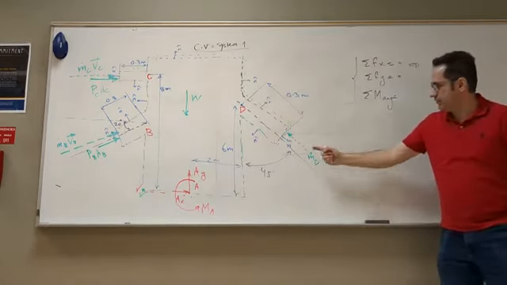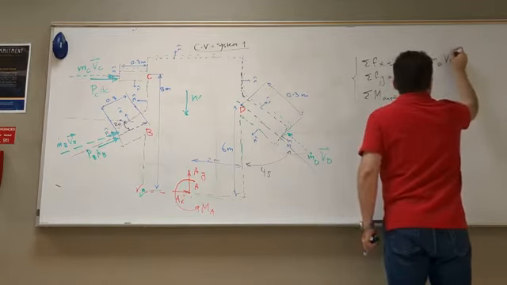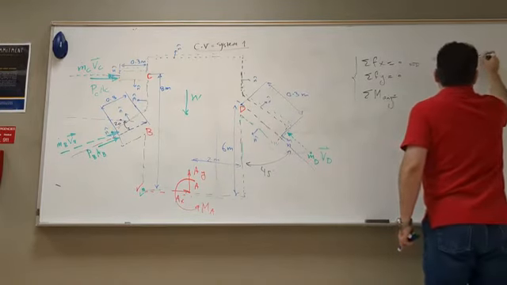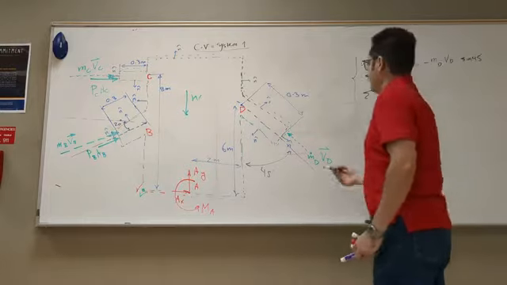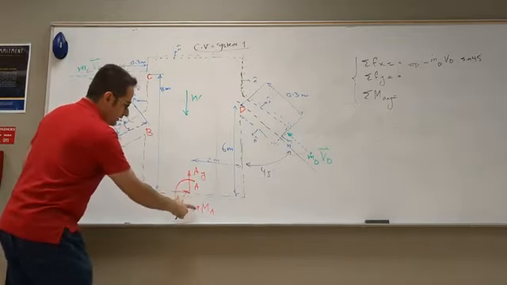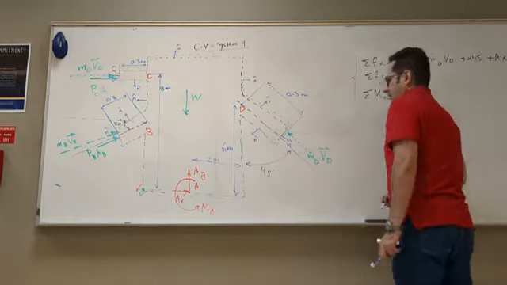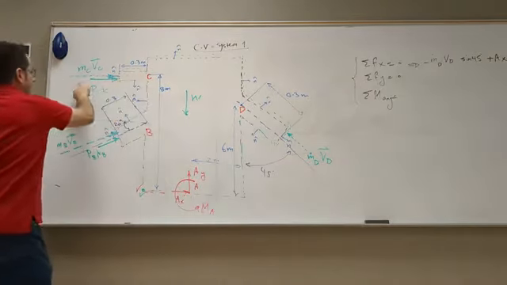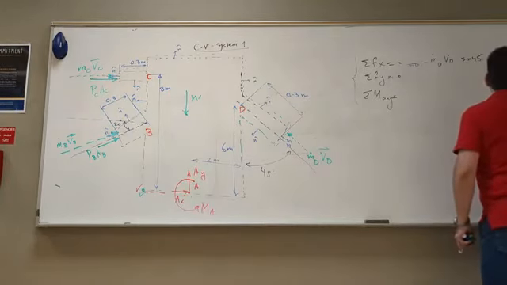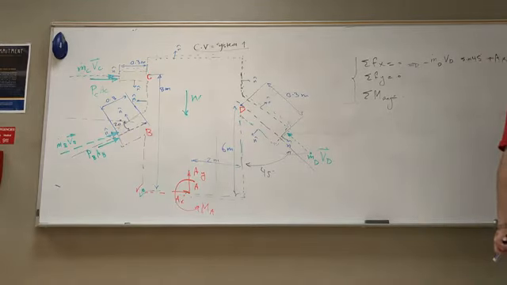from this one, what do you get? m dot D, VD, times sine 45, and its value is negative. Then you go to here, this is y, this is the moment in x, you have positive Ax. And then you go here, you have two forces, PC, xD, plus m dot C, VC.